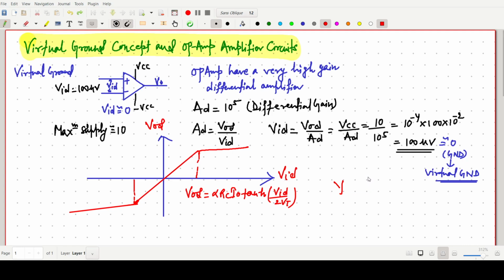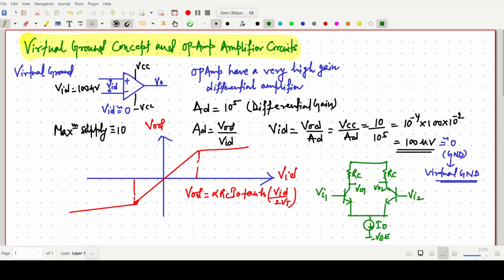Okay, I am selecting a different color. If we plot for this, say this one is minus VEE, this one is say I naught, this one is say RC, a simple differential amplifier circuit, and say this one is Vi1, Vi2, Vo1, Vo2.